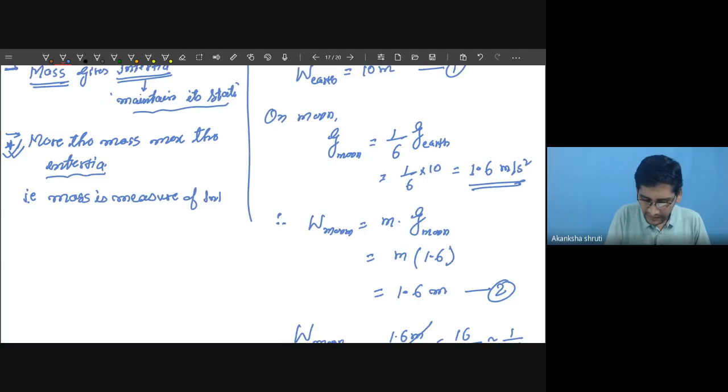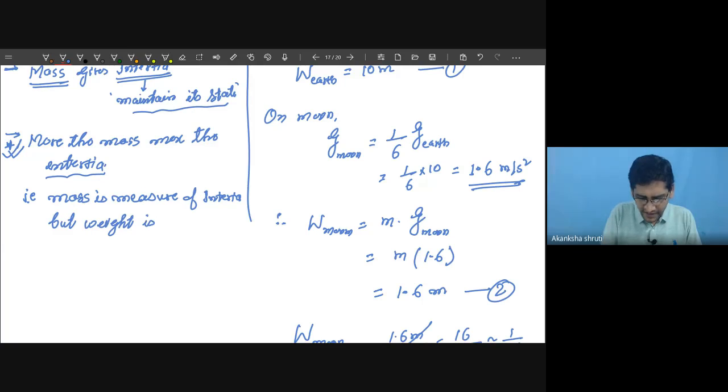Means how the body will try to maintain its state of rest or motion. But what does the weight give? Yes, student. But weight is the measure of what?